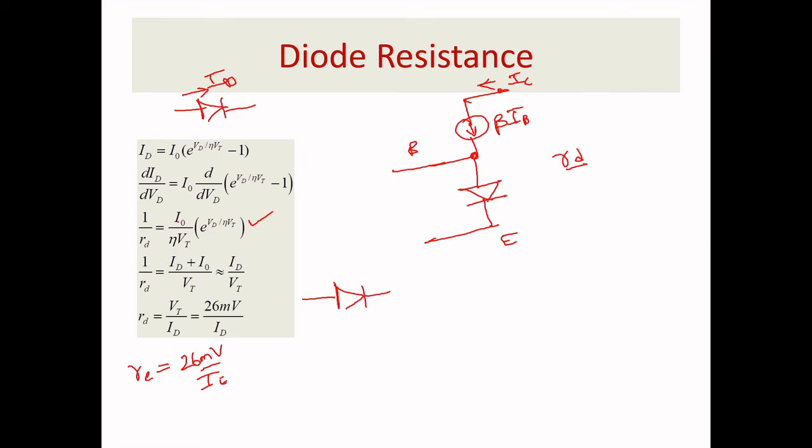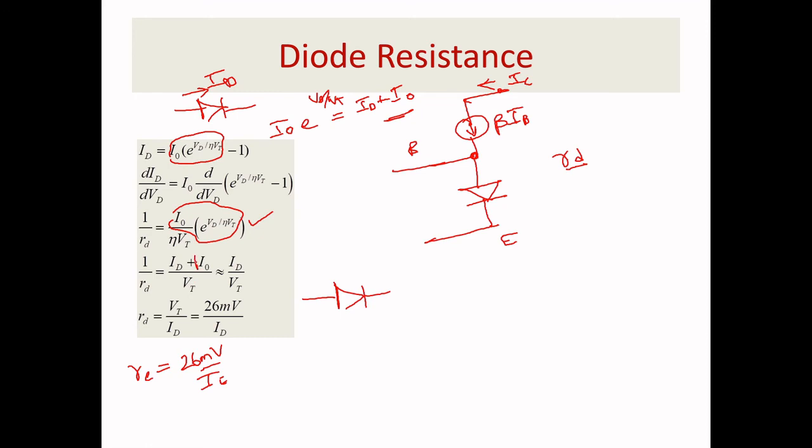Now you know that I naught times e to the Vd divided by Vt is nothing but ID plus I naught. So for this whole term I have written ID plus I naught divided by Vt.